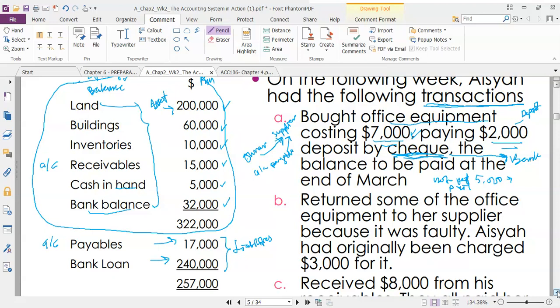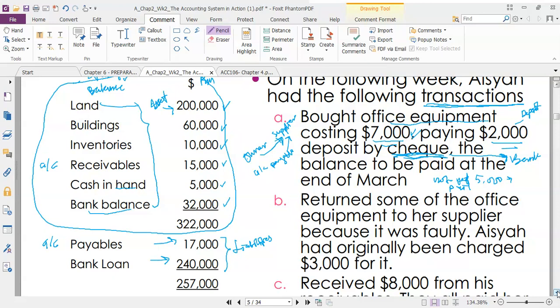Some of the office equipment that Aisyah buy from the supplier have defect. Ada kerosakan. Ataupun ada kesalahan barang produk. Bukan produk yang kita nak. Was faulty.